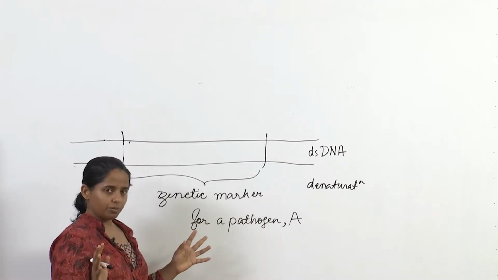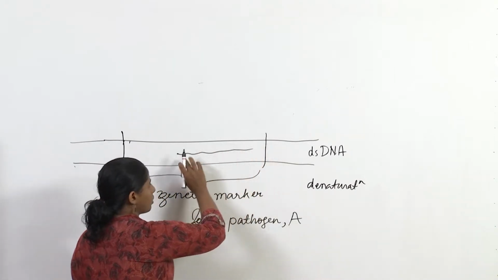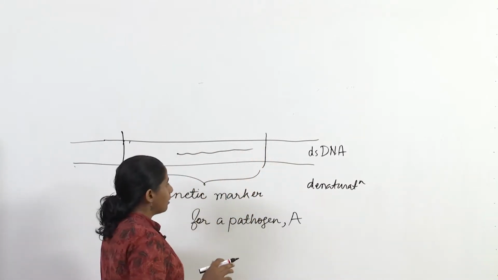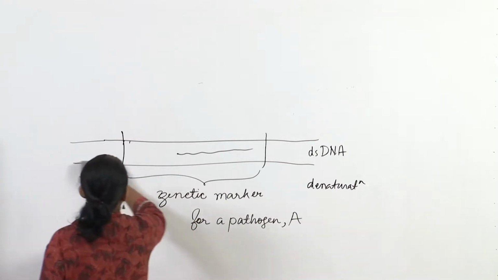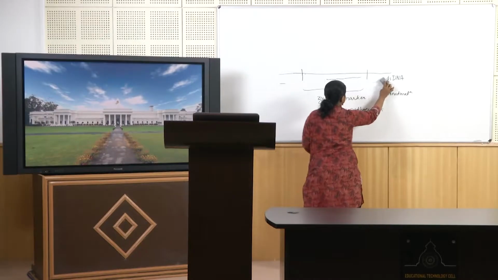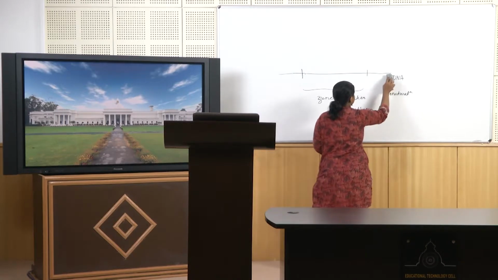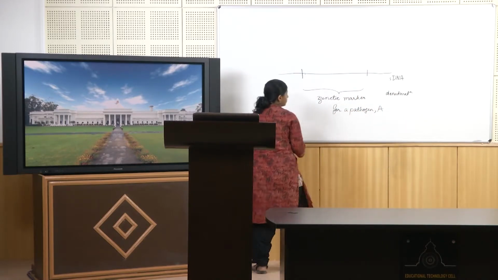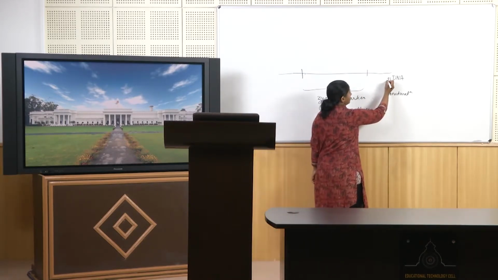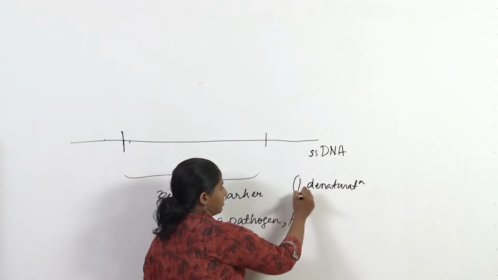The weak hydrogen bonds get broken and now we have single stranded DNA. So, now we have single stranded DNA after the first step of denaturation.